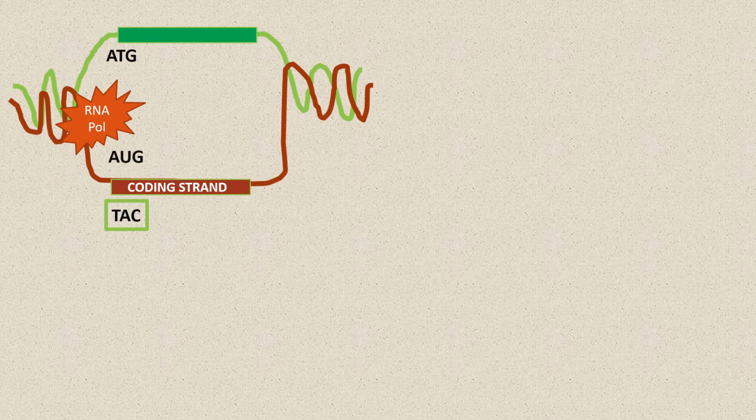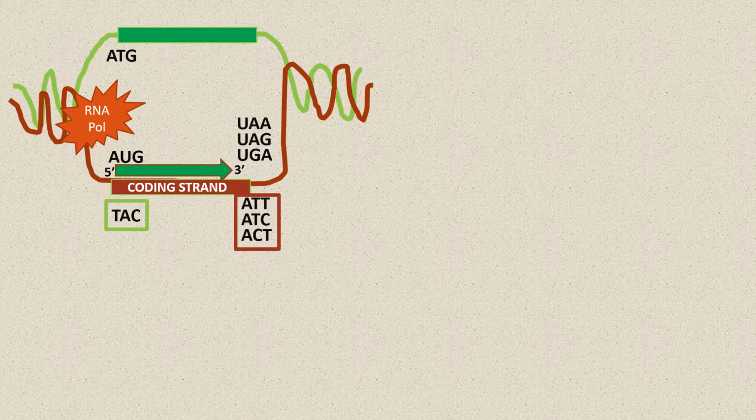It will be translated as AUG when the RNA polymerase starts putting the RNA in complementary messaging to the coding strand. And it always moves from the 5' end to the 3' end.